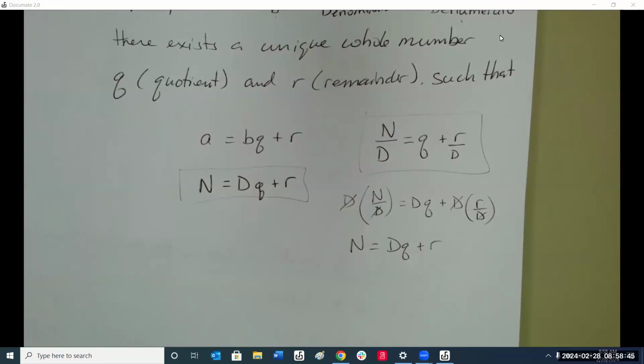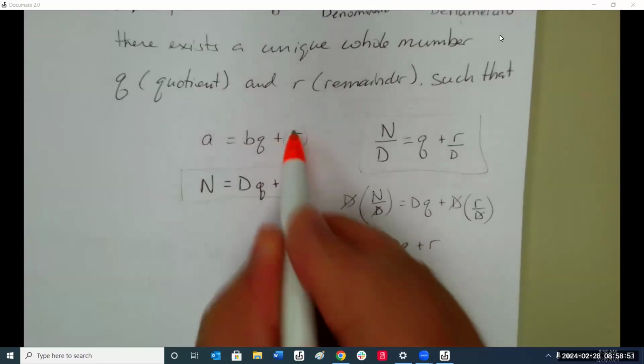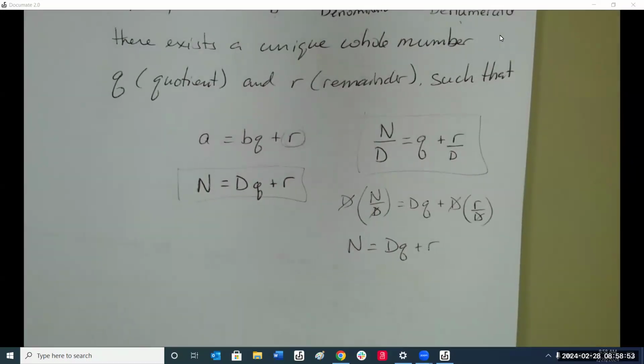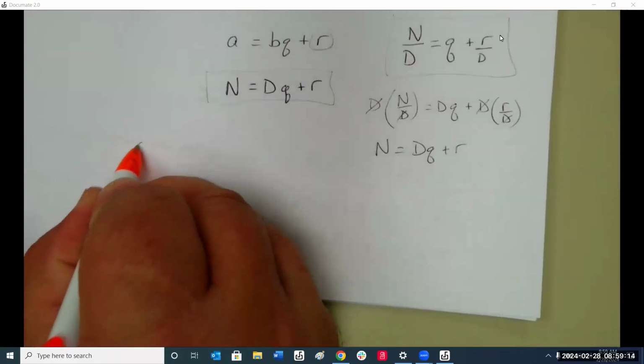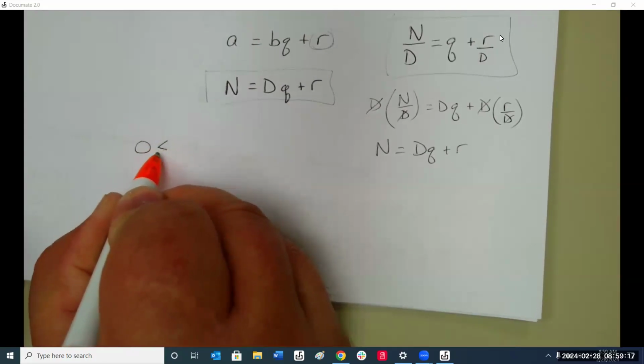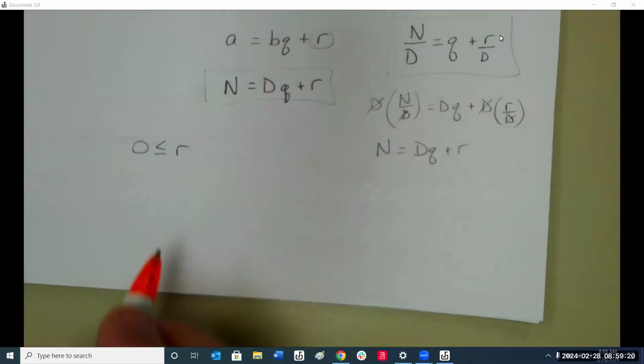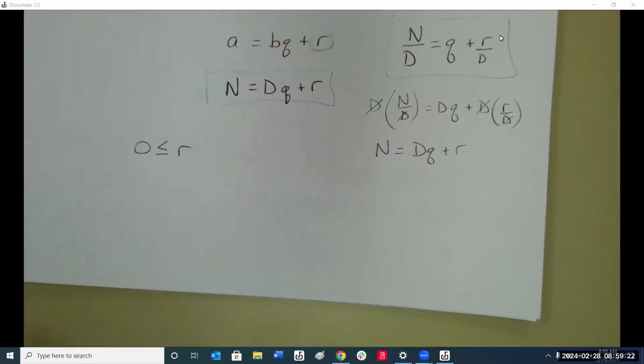There's one stipulation also. What's the restriction of R? What's the set? Okay, what's the domain on it then? You're right, you won't always have it. So with that, what's the domain of R? So you said if there's no R, it could be equal to 0. But it has to be bigger than or equal to 0.